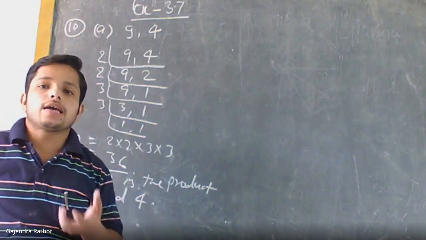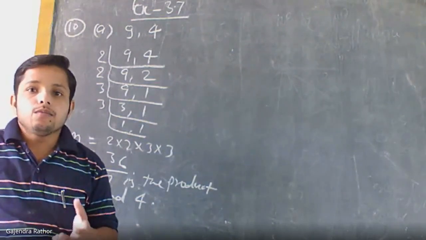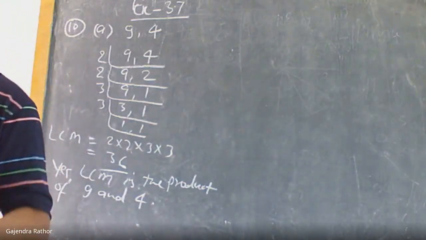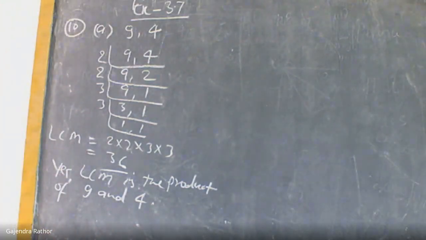So what is so special in this point that the LCM is equal to the product of those two numbers? Can anybody find why this has happened? Why is LCM the product of 9 and 4? What is the reason?